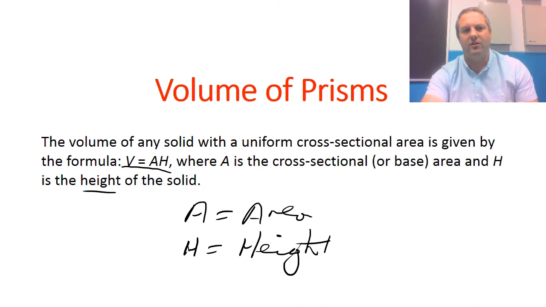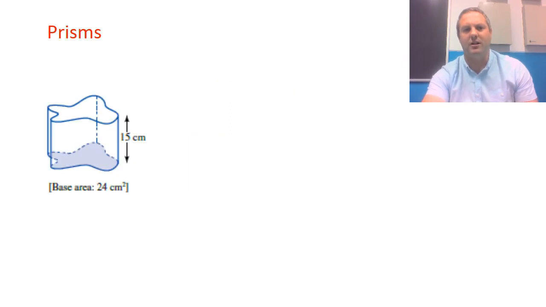So here's an example of what we are talking about in this shape here. We have a prism. Now it's not a regular prism, this is just a blob. But as you can see, the blob shape continues all the way through your shape. So the area is here, and it tells you base area equals 24.